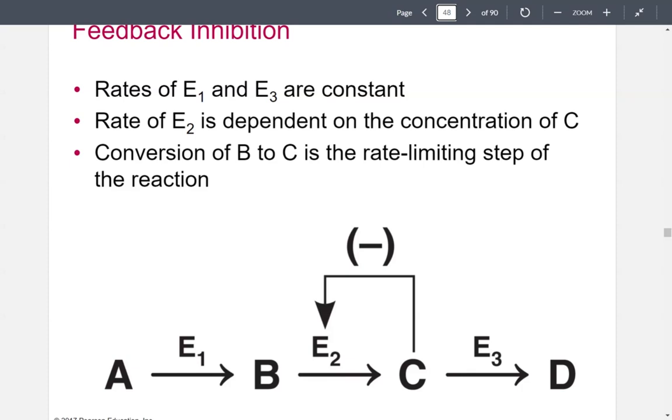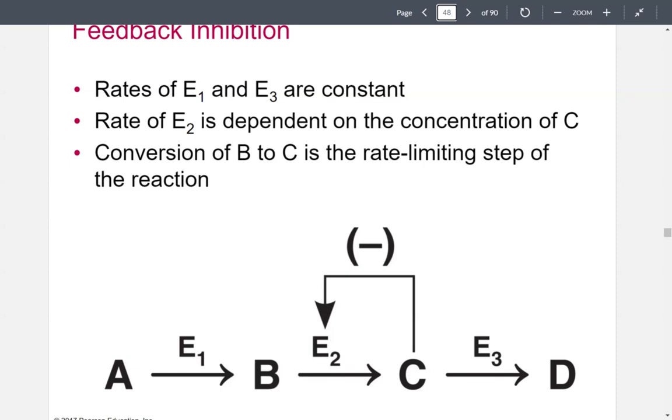So if there is a lot of product C already free floating in our extracellular fluid, then enzyme number 2 is going to become inhibited. Enzyme number 3, though, is going to continue pumping out to the best of its ability product D.